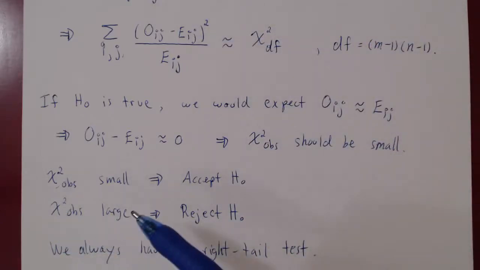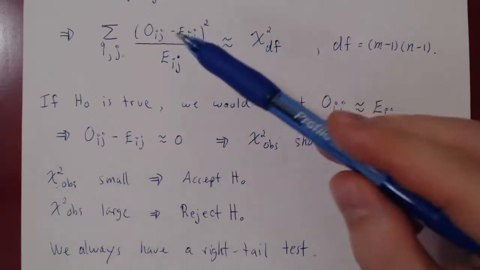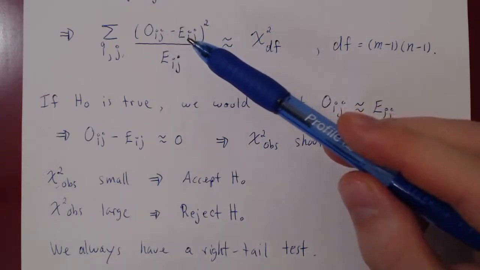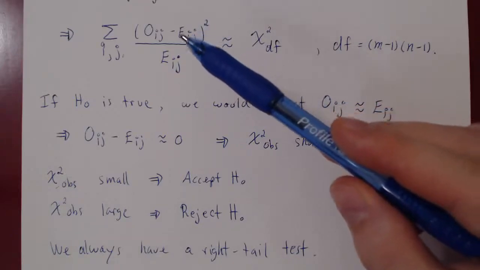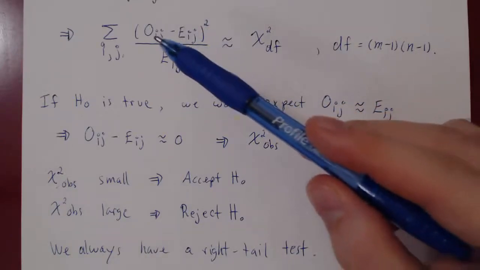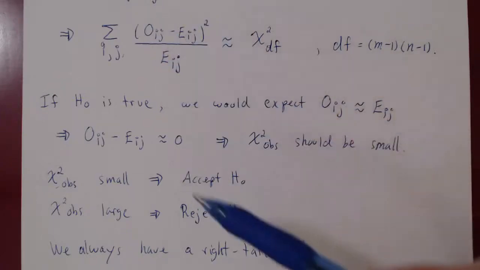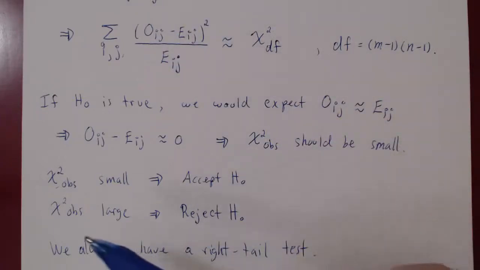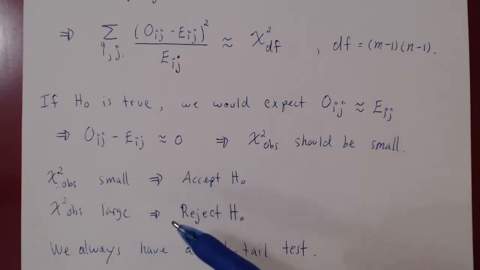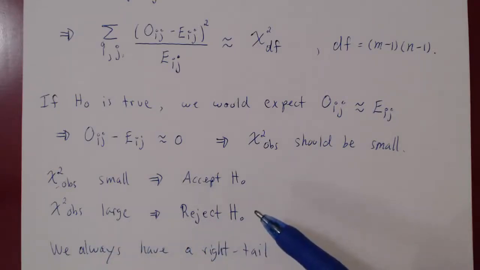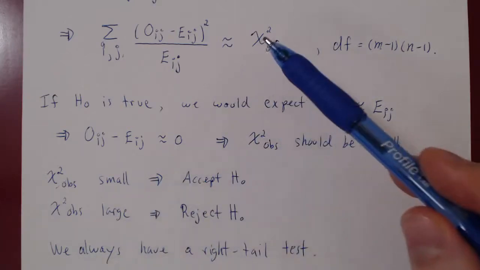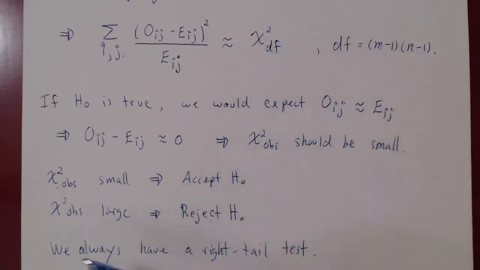But if chi-squared is large, then O must be far from E. But again, E is the predicted value under independence, which means that what we should get from independence is really not the case. And so this points towards dependence, therefore against H0. And so large values are evidence against H0. And that's why we will always reject the larger values of our distribution, therefore the right tail. And so we always have a right tail test.